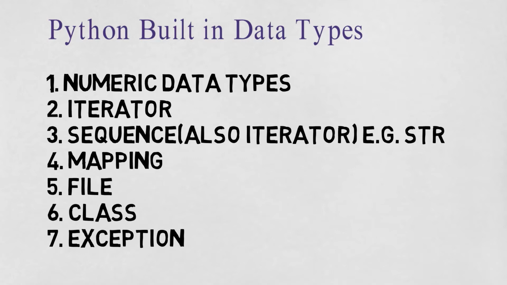First is numeric data types, second iterator, third sequence, fourth mapping, fifth file, sixth class, and seventh exception. We will see these as we go along with the course. Already we have seen sequence data type, for example string that we had seen earlier, and the numbers which come under numeric data types.